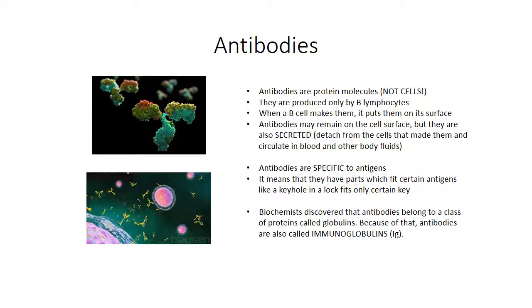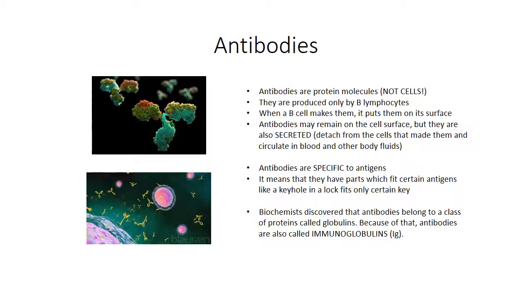B cell, when it makes them, it puts them on its surface. And so in the picture below, there is a B lymphocyte, and you see antibodies are sticking from it.